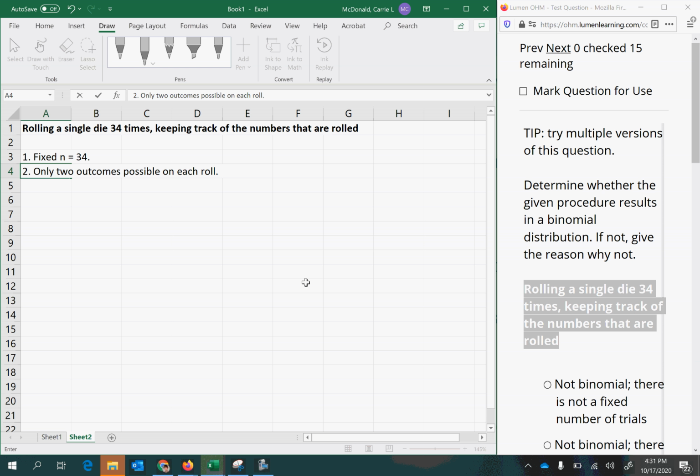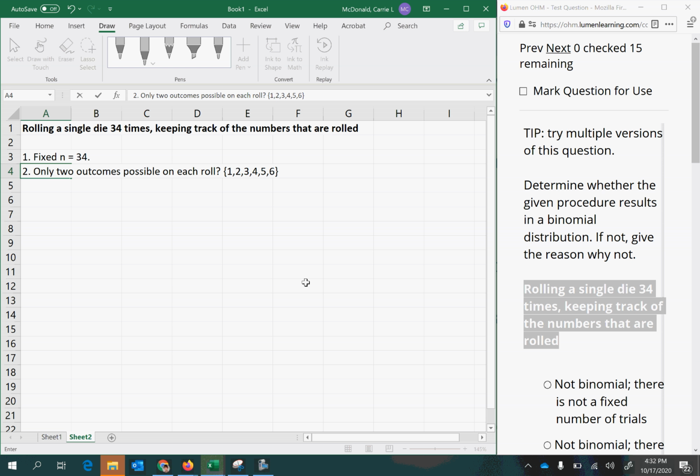So what are the possible outcomes? Are there only two? That's what we're looking to see. Well, when I roll a die, what are the things that could come up? I could get one dot on top, 2, 3, 4, 5, 6, right?